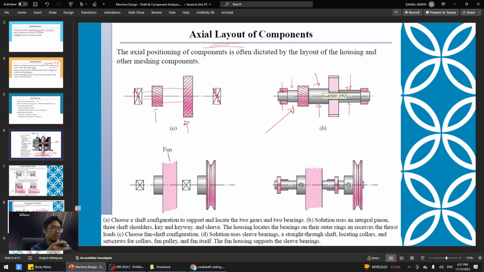Okay, dia tak wobbling waktu operation lah. This is an example. You kena decide what type of shaft you want to use, what kind of dimension, what is your diameter of your shaft for this kind of layout.